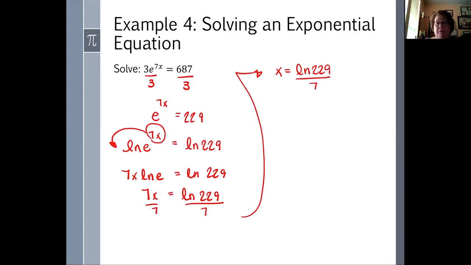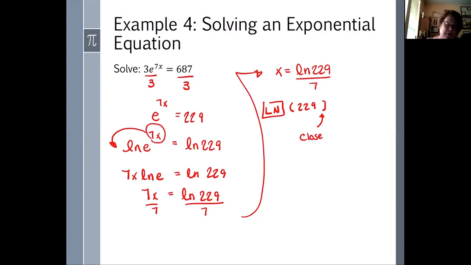Now, if I'm going to find a decimal approximation to this using my calculator, I need to be sure to close those parentheses, because what you're doing is you're taking the natural log of 229, getting a value, and then you're going to take that value and divide it by 7. So I would take the natural log, and it's going to open parentheses for me, 229, and I'm going to close those parentheses. Make sure that you close those. If you don't close the parentheses, your calculator assumes that you want to divide 229 by 7, then take the log of it.